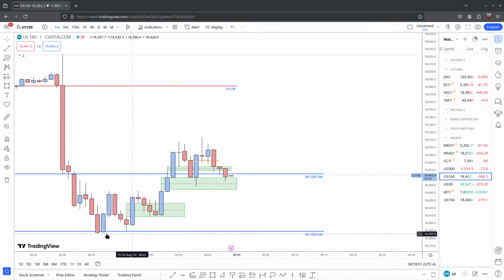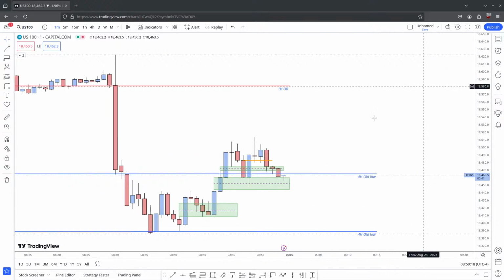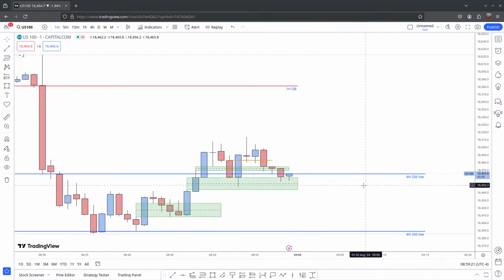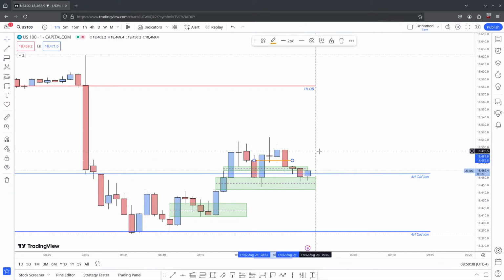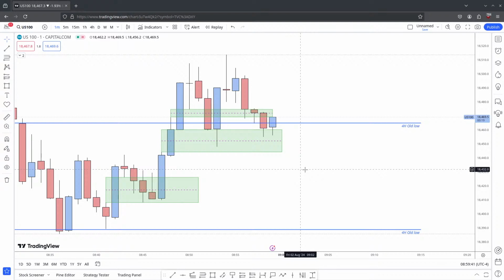Maybe they want to take it down below these lows one more time. You have to keep in mind again that the higher time frames still suggested bearish prices, not bullish. So that's something you have to keep in mind.